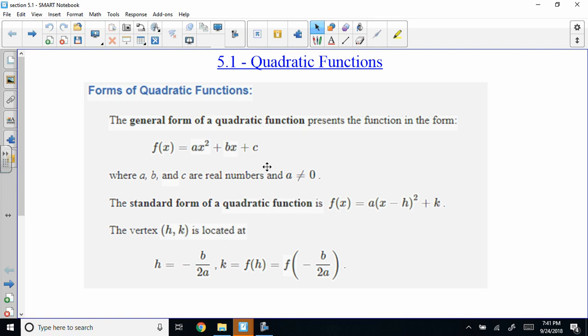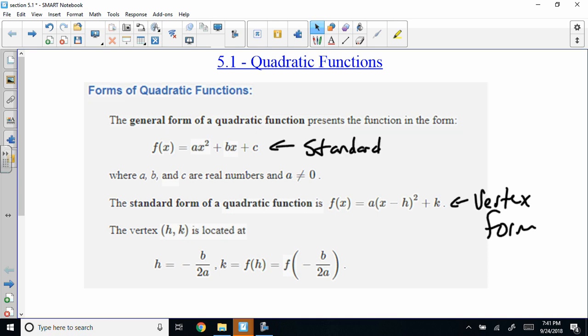The general form of a quadratic is ax squared plus bx plus c. I know they call it general form, and then they call standard form a times (x minus h) squared plus k. We really normally call this vertex form. And as long as I can ever remember, we've always called ax squared plus bx plus c the standard form of quadratics.